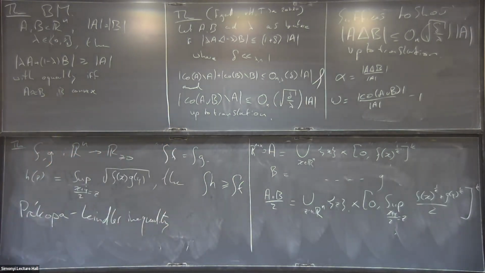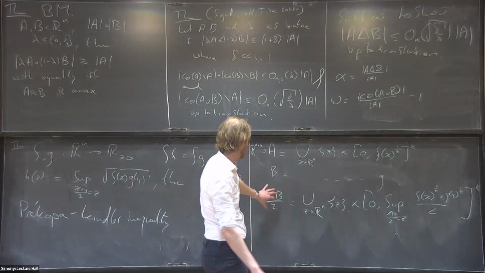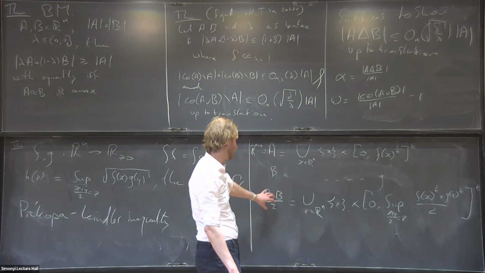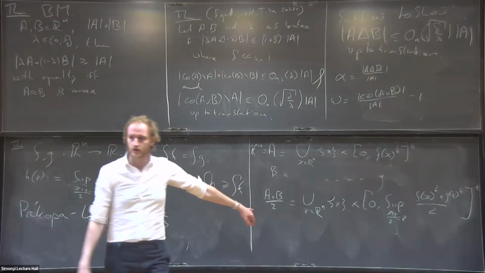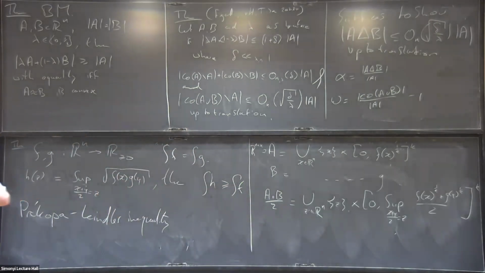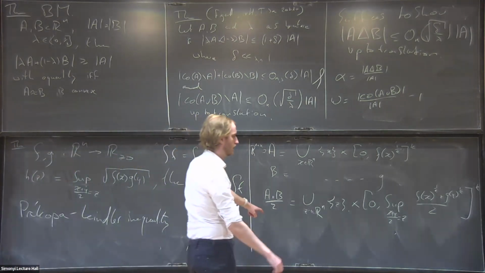And because we're using this Brunn-Minkowski bound here, in order to get equality, we better get equality, or at least something that tends to equality in the Brunn-Minkowski inequality.